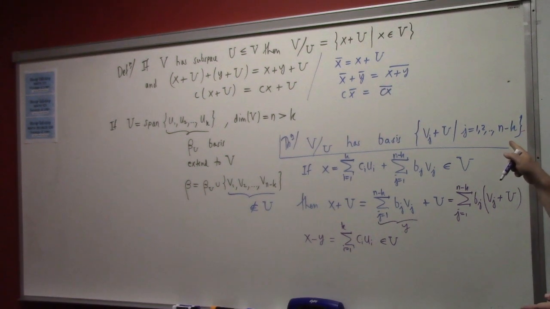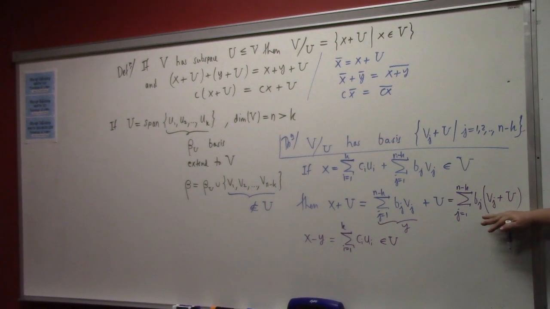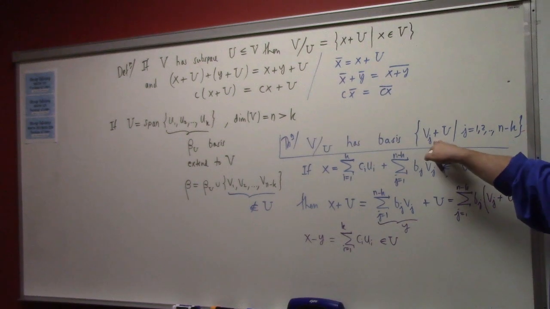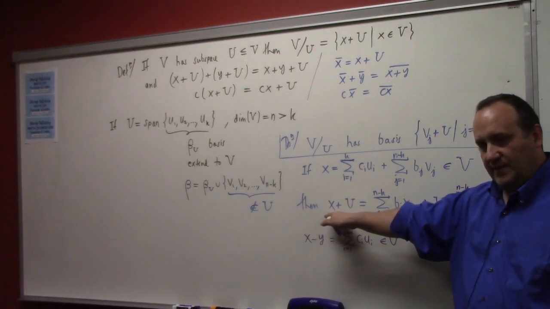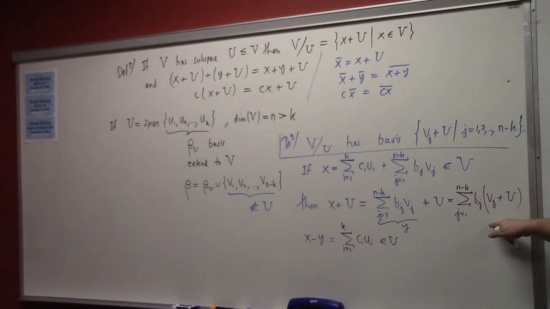Do you see it? So right here, this is a vector in there. This is a linear combination. That's an arbitrary element of the quotient space. It can be formed as a linear combination of these vectors. So you don't need the U's. The u plus u's, in my notation, are irrelevant.